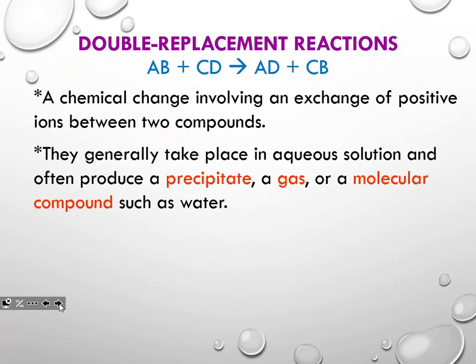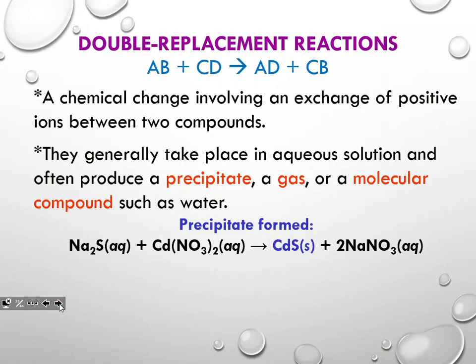All right, chemical change involving the exchange of positive ions between two compounds. You have the double swap. A precipitate, a gas, or a molecular compound such as water is usually formed. Precipitate formed, remember we designate it with the new phase symbol over here. You get the S in there to tell whether it's a precipitate or not.